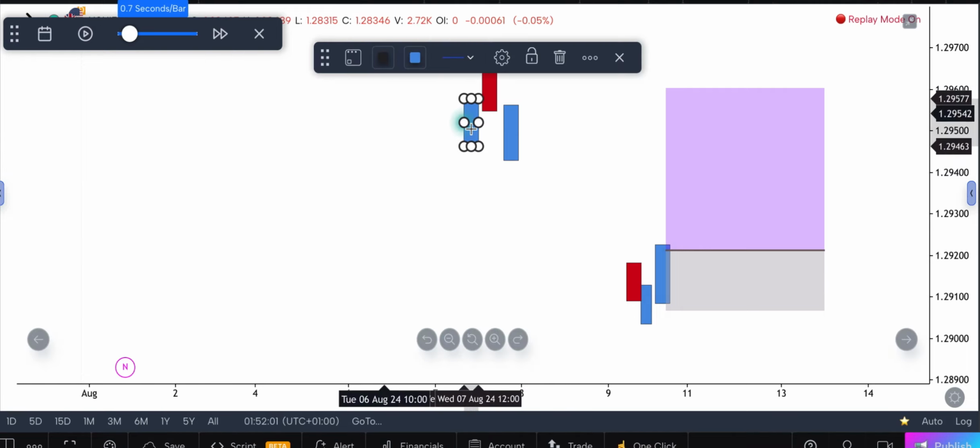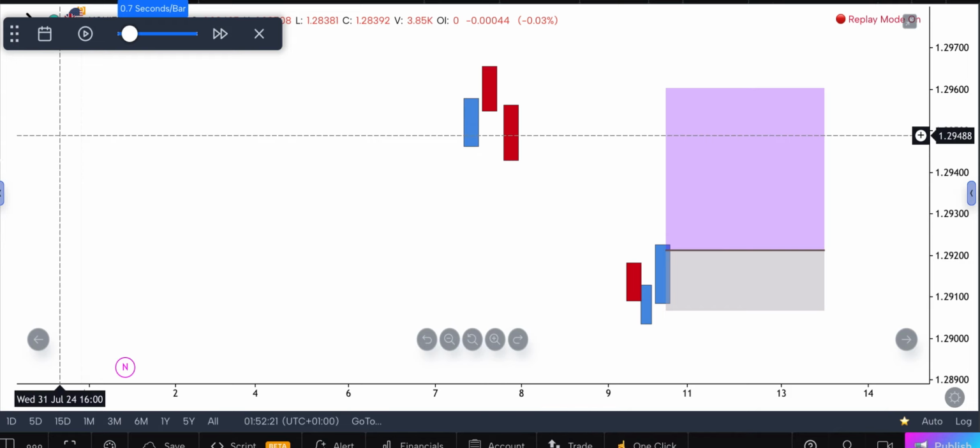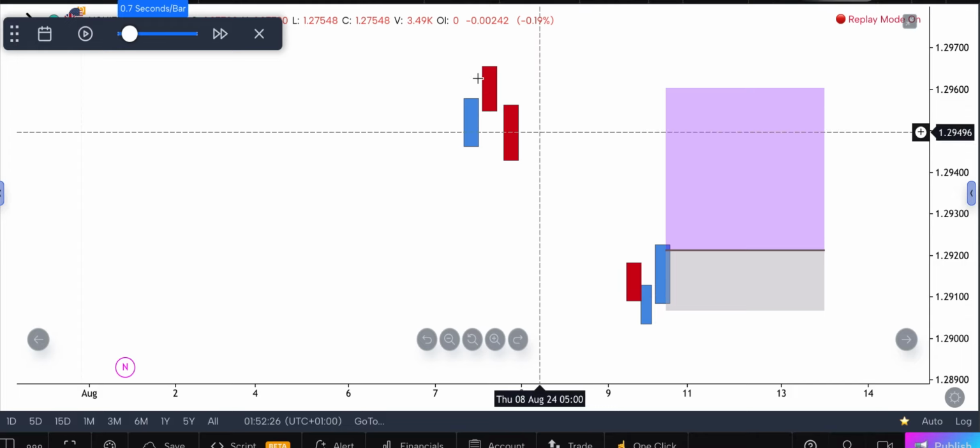So you can see the same thing. This third one is like a wick. Then this engulfs this first candle here. So like I said, this is a swing low.